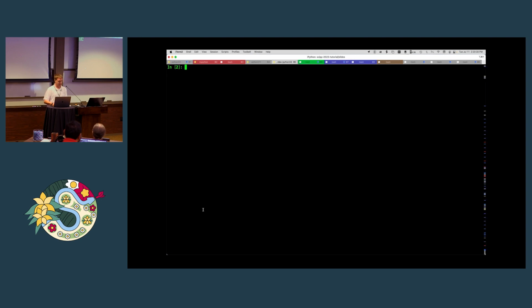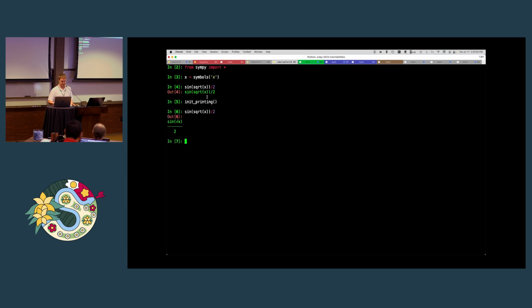So if you use SymPy in the terminal, let's just take sine of square root of x over 2. By default it'll just use the string printing. There's a function you can use called init_printing, which will enable the printing using these nice Unicode characters.